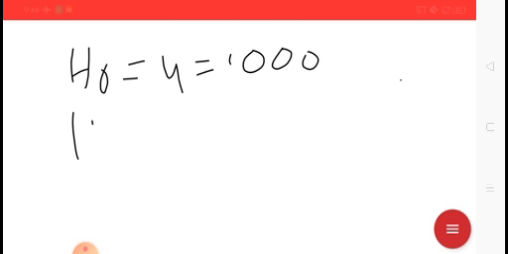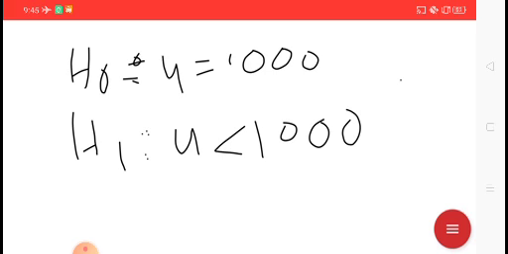For H1, if they are overstating the mean, actually they will produce lesser. So in this situation, this is the hypothesis that you need to form.